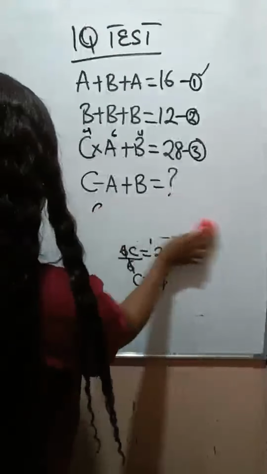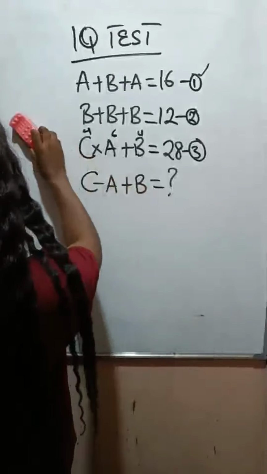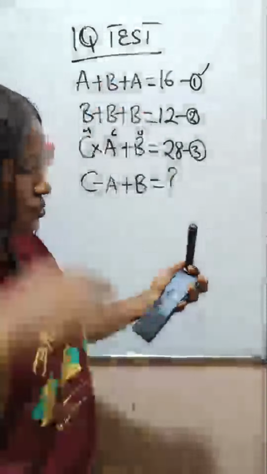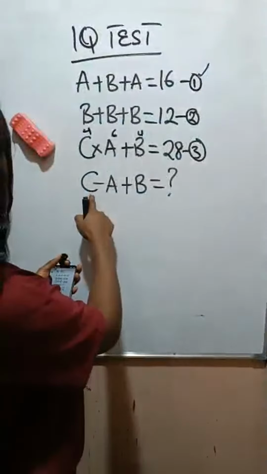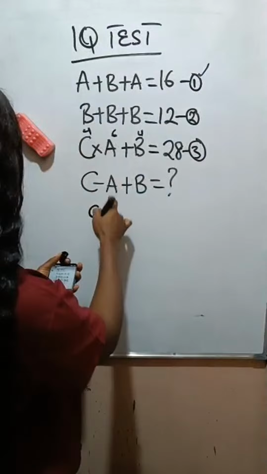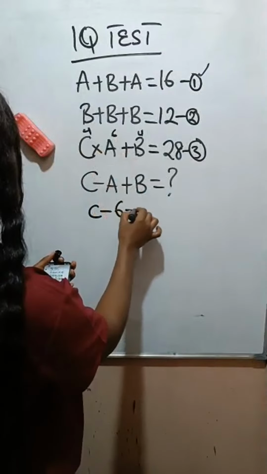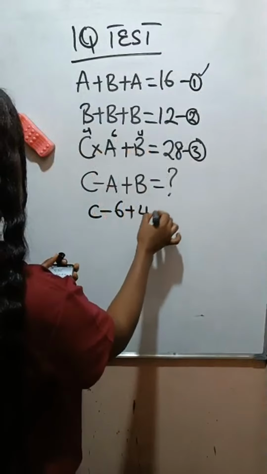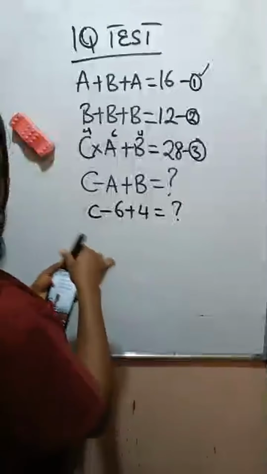Now permit me to clean this, then we can solve the last equation. So the last equation says C, which is 4, minus A, which is 6, plus B, which is 4, is equal to what? Now, C is 4.